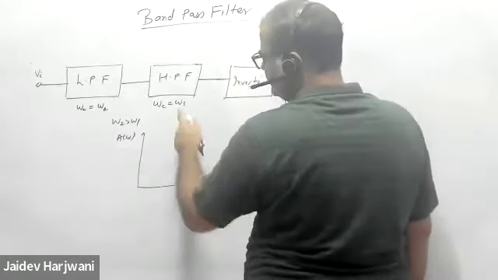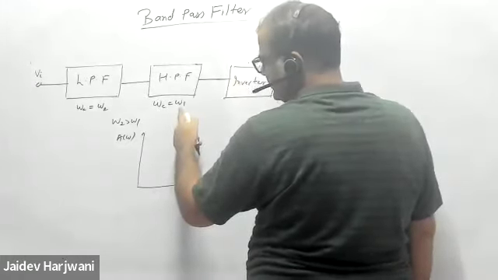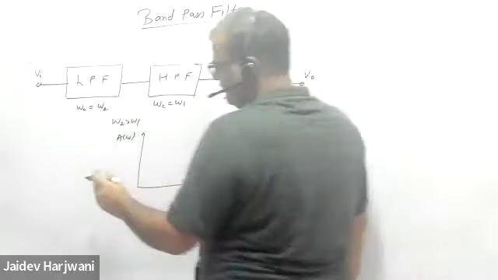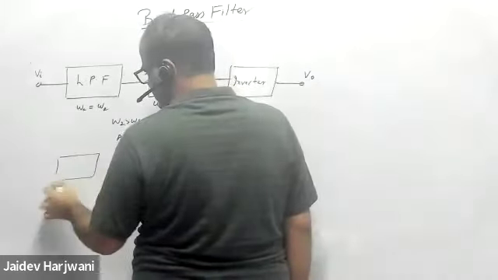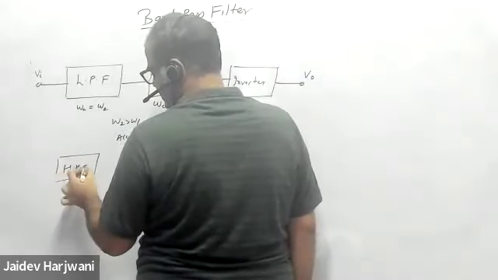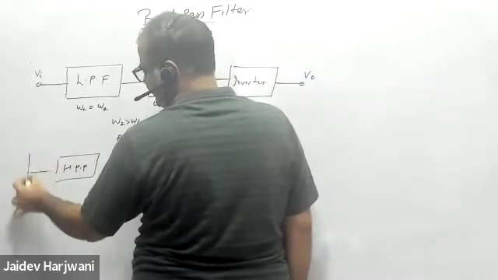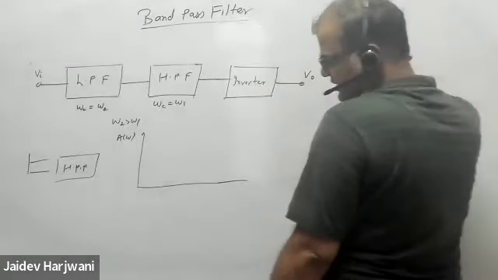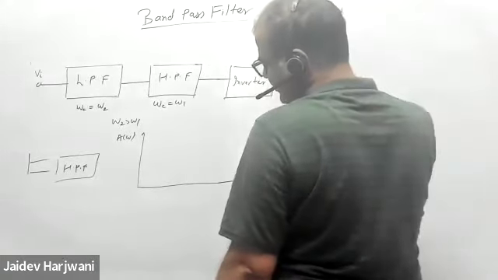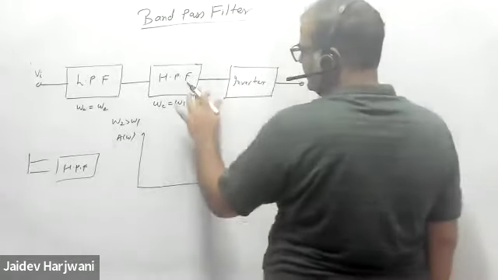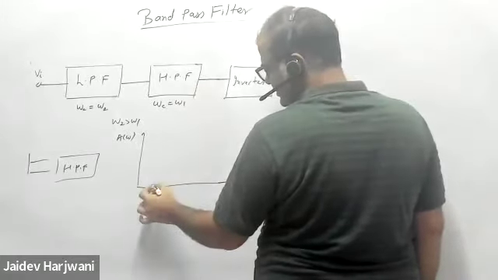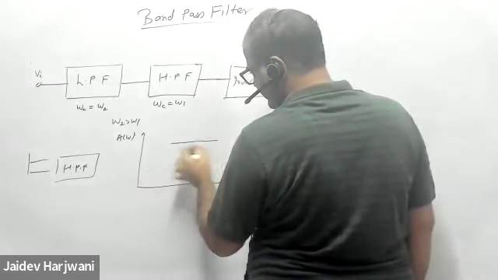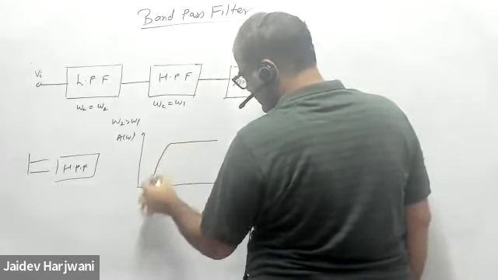So what will happen? This omega 1, this is a high pass filter. Any signal coming to the high pass filter, it will pass only the high frequencies and stop the low ones. The output of this one will come like this here.